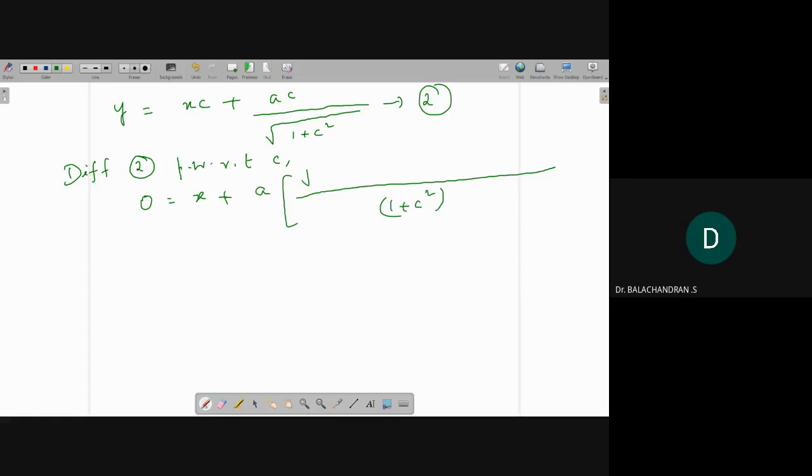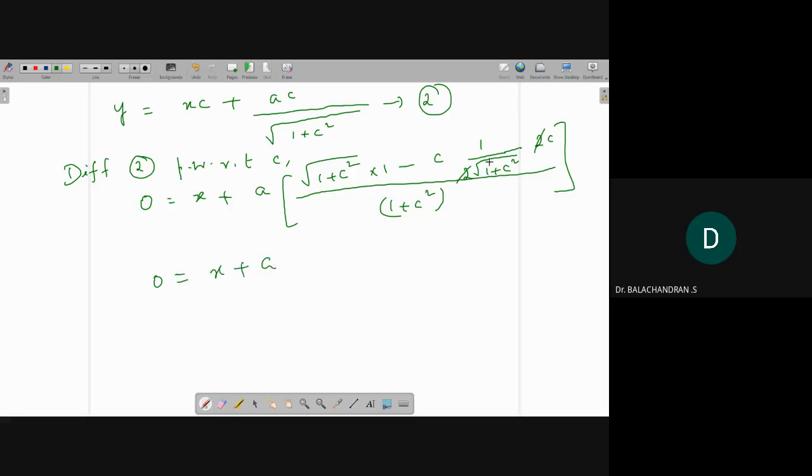So keep root of 1 plus c square in the numerator. If you differentiate c, you get 1 minus c into, if you differentiate root of 1 plus c square, you get 1 by 2 into root of 1 plus c square into 2c. So 2 gets cancelled. So 0 equal to x plus a.